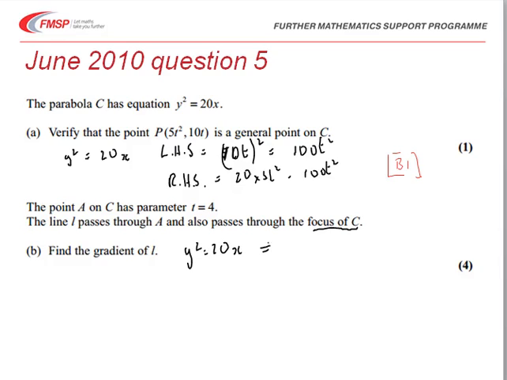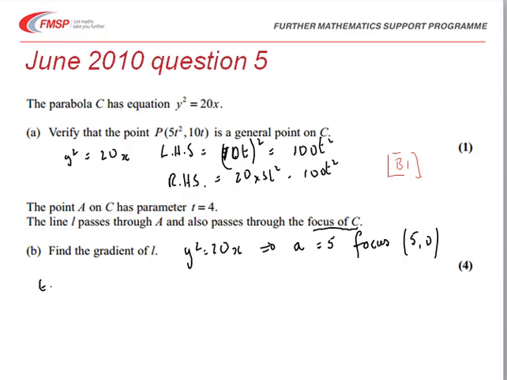This means that the value of a is equal to 5, because the general expression for the parabola is y squared equals 4ax, and therefore a equals 5. And you can look up again in your tables that the focus is at (a, 0), so the focus is at (5, 0).